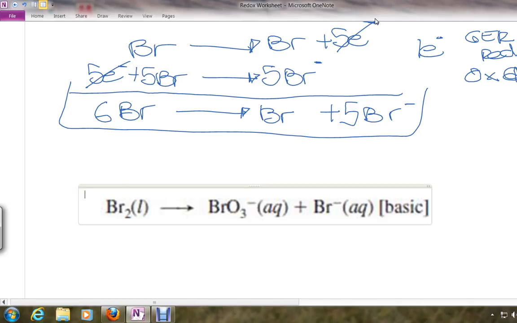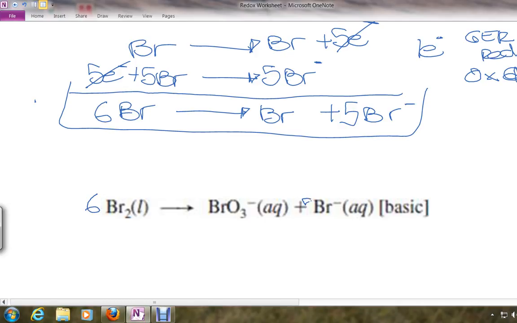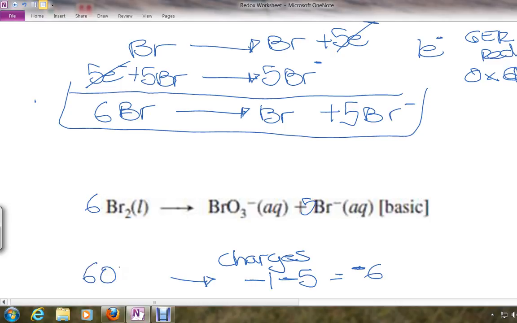Okay, so we got the 6 here. Let me recopy that. I'm doing this because it's not going to fit the water or the OH. So the charges are 1 by -1, -5 on the right side is -6. What will we need on the left side if it's basic? 6 OH minus, because on this one there's no charge.